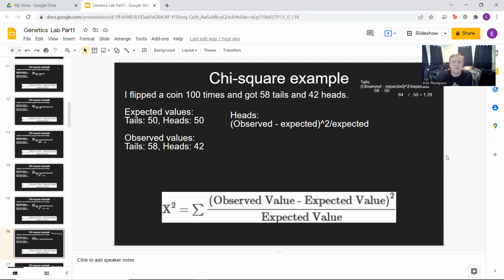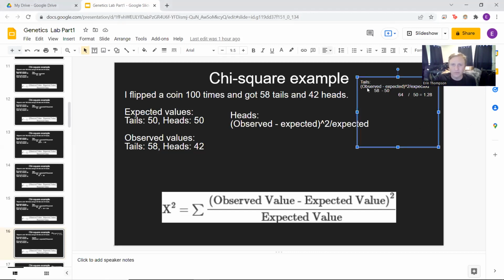What are our observed and expected values for heads? Observed is 42, and our expected, you probably are all rolling your eyes, it's 50. Yes, thank you.